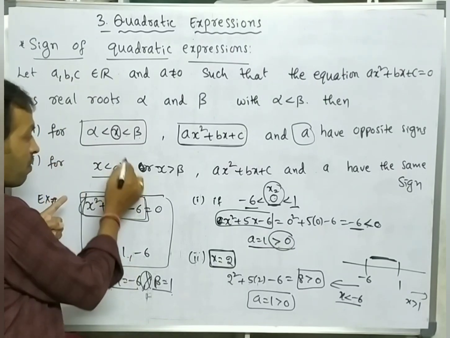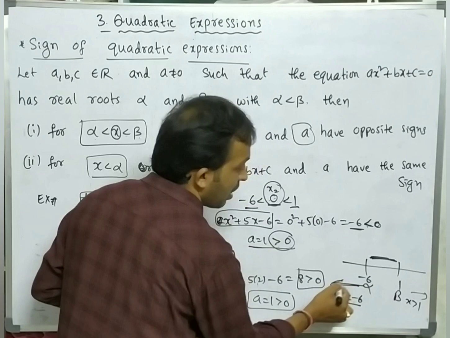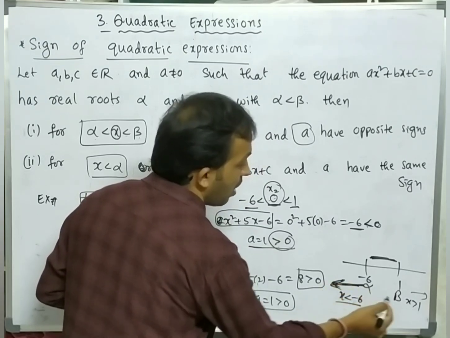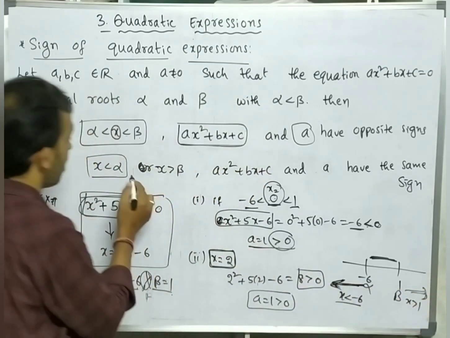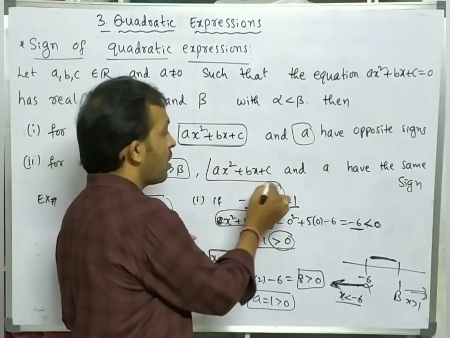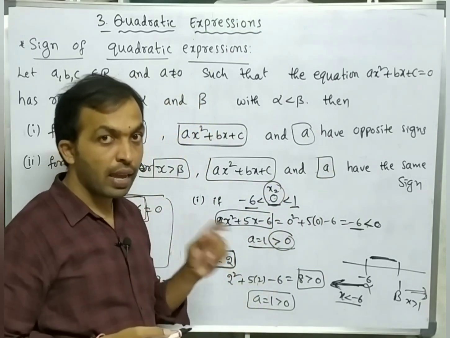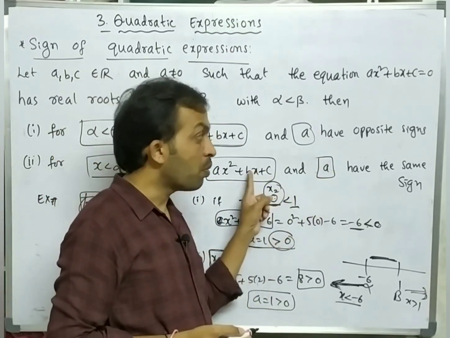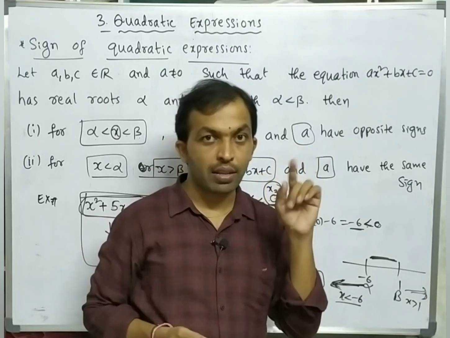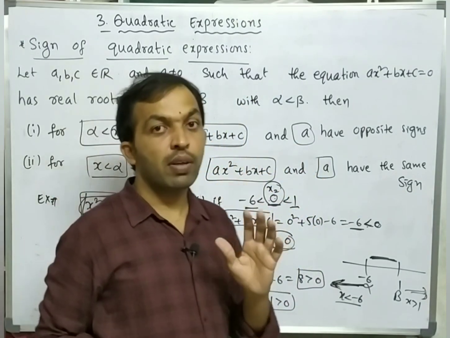For x less than alpha, this is alpha, this is beta, any value less than alpha and any value greater than beta, the value of the quadratic expression and the value of a, the coefficient of x square, both have the same sign. This is very, very important. So these 3 points are very, very important.